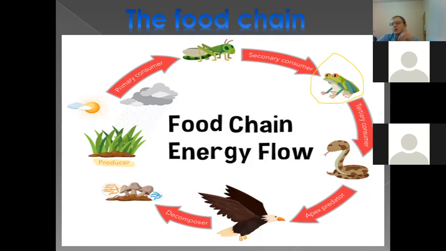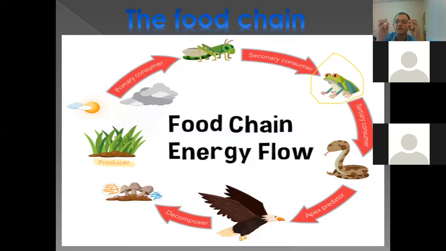But who is doing that process? Our decomposers. The decomposers are microorganisms or bacteria or fungi like mushrooms. They are all very small organisms that feed off dead things. So they will feed off the dead animal.